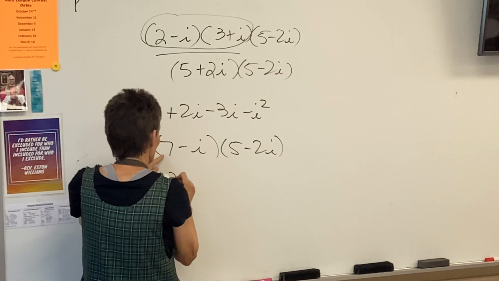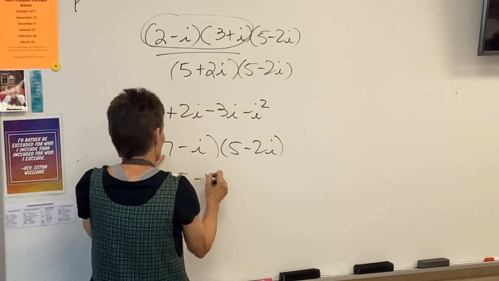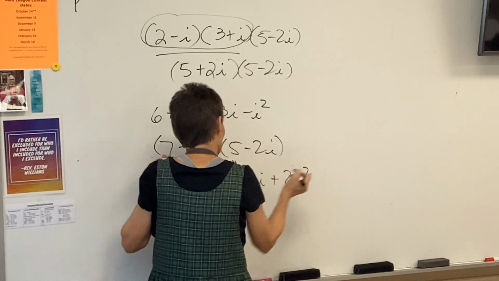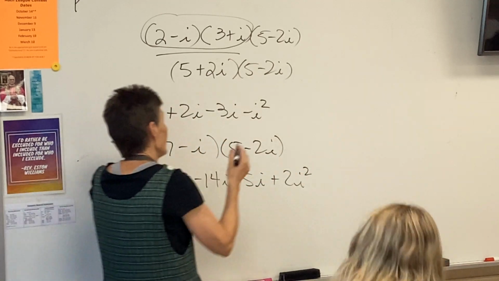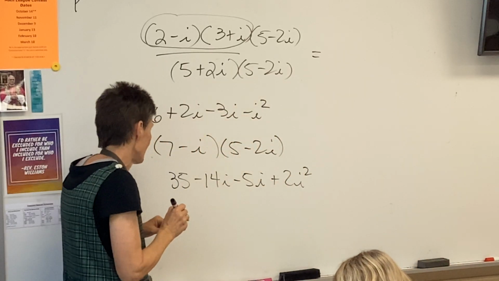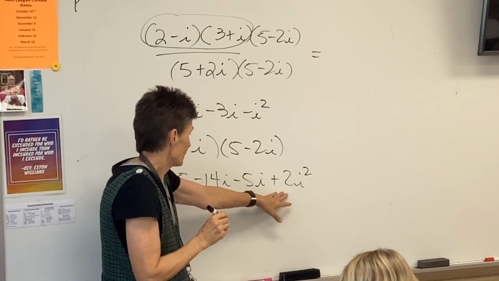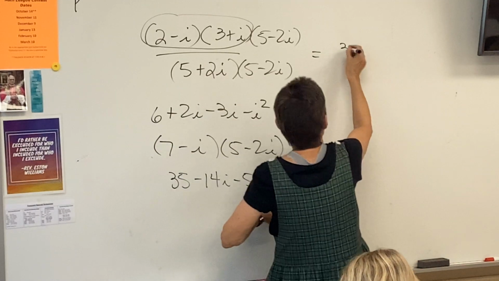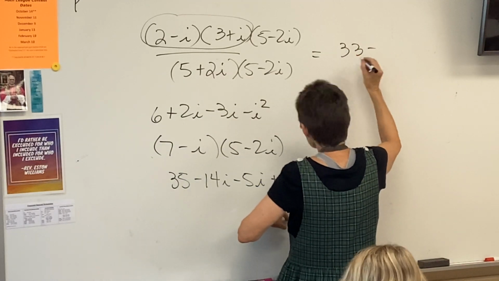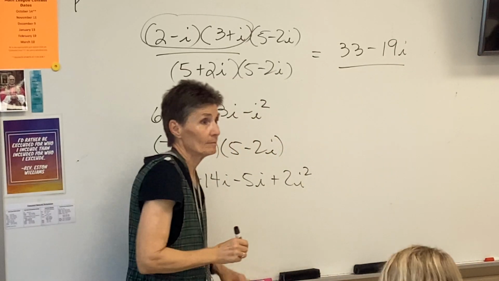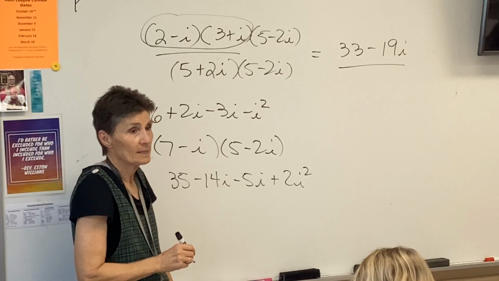So that's going to give me 35. So what is that going to be? That numerator is going to be 33 minus 19i. Alright, help. Did I do that right? Nod or something, yeah.